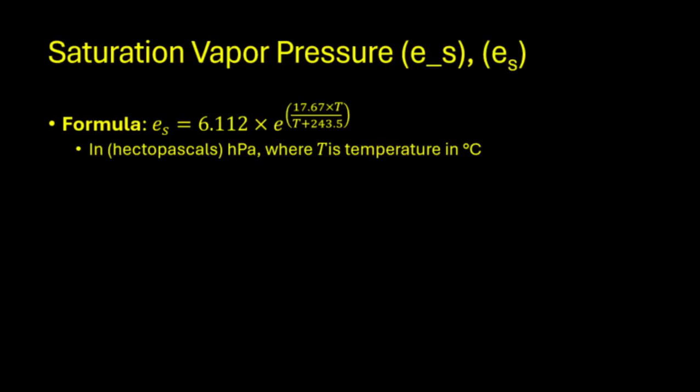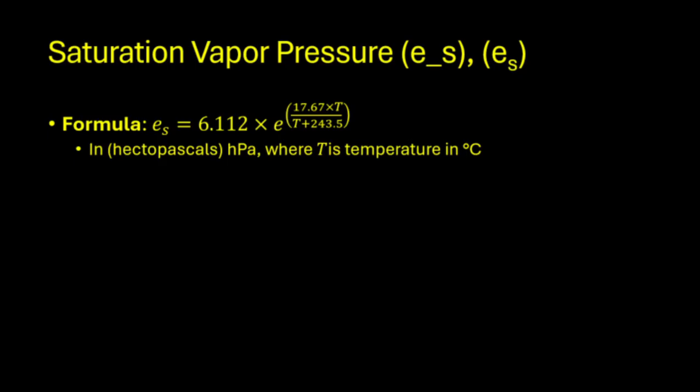To find the saturation vapor pressure, which you'll see noted as E_S or E subscript S in the text, the formula is 6.112 times e, which is a scientific calculation, something you'll need a scientific calculator to do, to the 17.67 times T, where T is temperature, once again in degrees Celsius, over that same temperature in degrees Celsius plus 243.5.